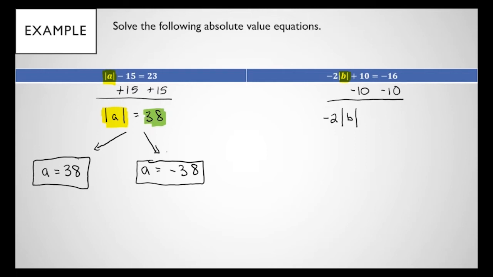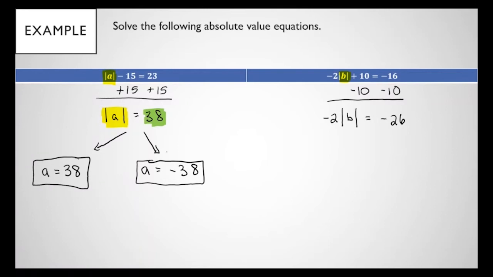So when you're taking notes, you're going to want to make sure that your absolute values are straight, your parentheses are curved. And I try to make them taller than my numbers and letters so that they don't look like ones. So you got to be very careful about how you write them so that it doesn't get confusing. And then on the right, I have negative 16 minus 10, so that is negative 26.